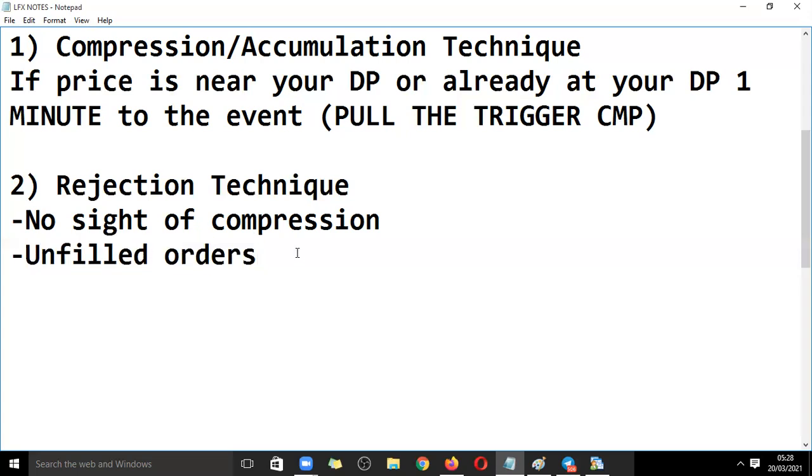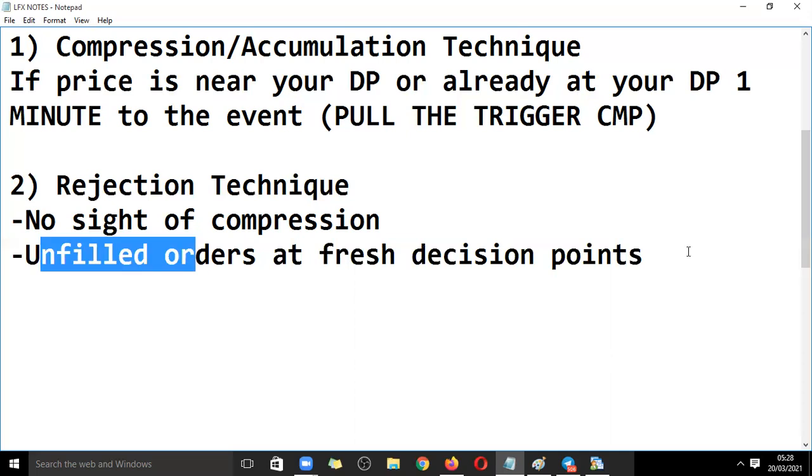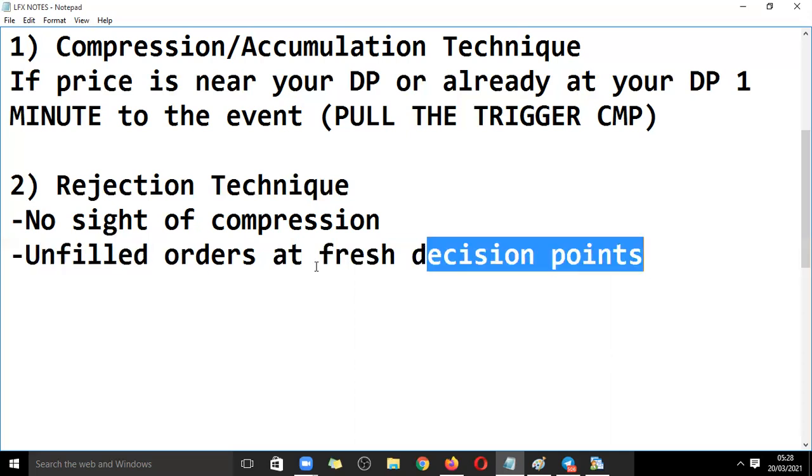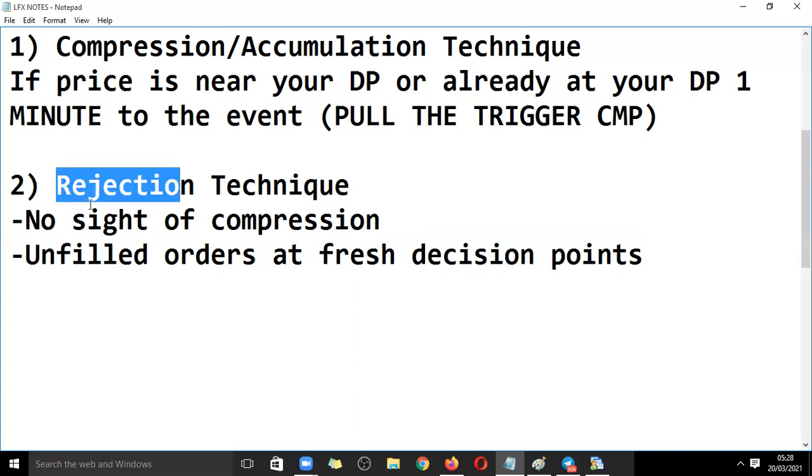These unfilled orders are usually at first decision points. So that's what they do basically. They trigger unfilled orders at first decision points. And after triggering them, they reject. And that's how the rejection technique comes about.